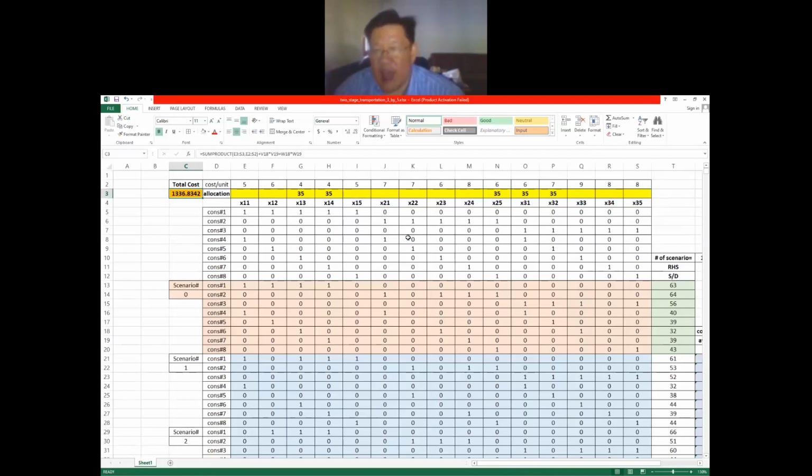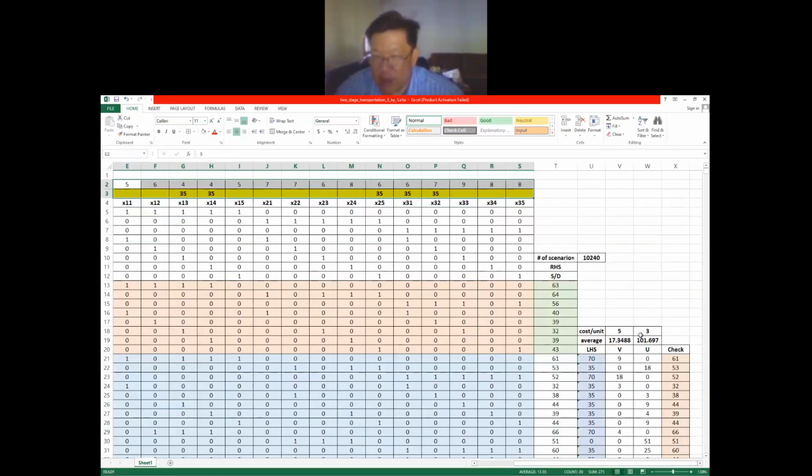Because in reality, when you apply this to a real situation, the major cost should still be maintained within this. This is the majority of the cost, the exact cost that you need to pay. But this one is the additional cost of U and V, with cost per unit over here. This is the expected value of V and U times cost per unit.